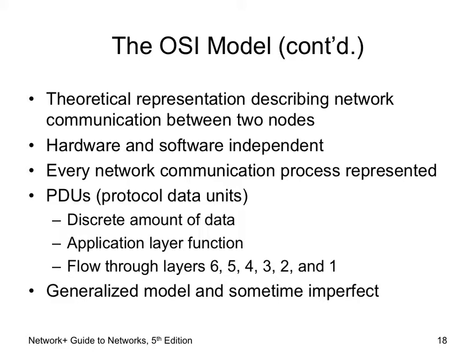A lot of companies will say they're a level 2 or level 3 provider for networking, where others fall upon the application layer, the session layer. It's theoretical, between 2 nodes, hardware and software independent. Every network communication is represented. They have what are called PDUs, protocol data units, a discrete amount of data. From the application layer, it flows through layers 6, 5, 4, 3, 2, and 1. And it's a model, and imperfect.